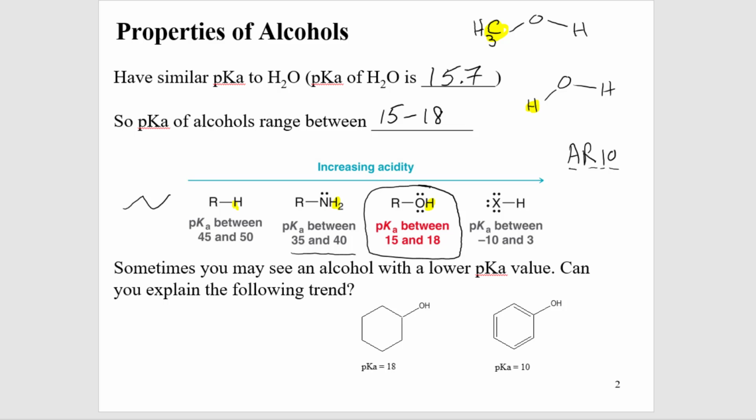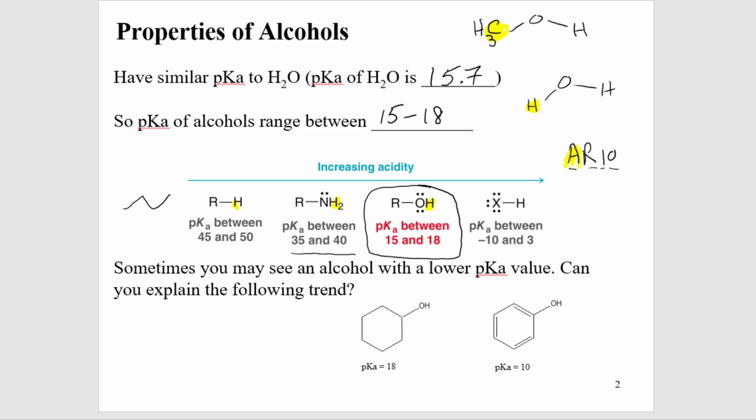But as we just looked at, a hydrogen on an oxygen, now we're getting somewhere, because the atom that you're removing the hydrogen from, bearing a negative charge, oxygen, is pretty good. It's an okay negative charge, right? Because it's on an electronegative atom. So that's why we get into the realm of 15 to 18, much more plausible, much easier to throw a base in there and take off the proton of an alcohol.